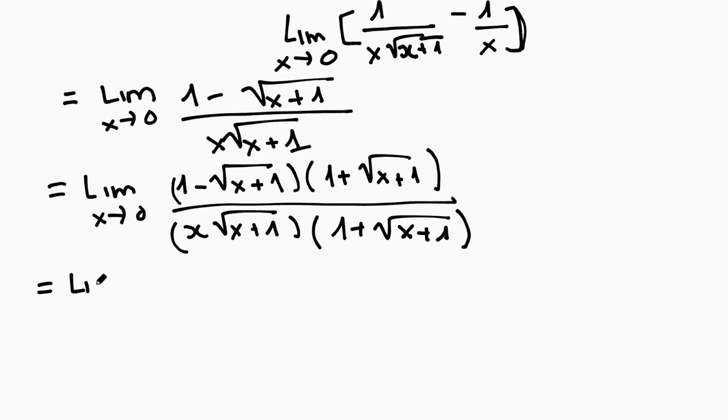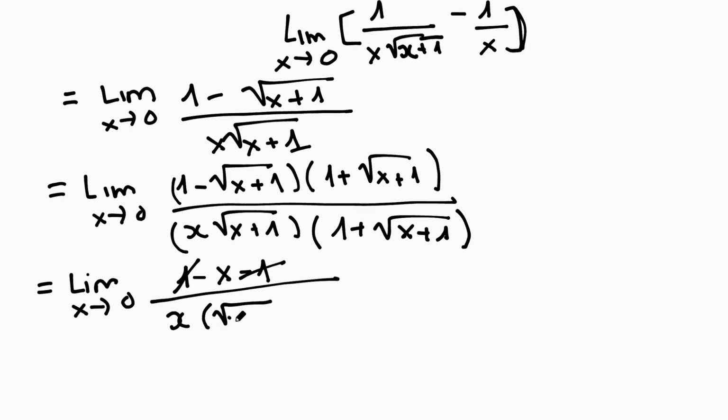I'll just use the difference of squares formula in backward for the numerator. It's going to be 1 minus x minus 1, and it's just going to be negative x over x times square root of x plus 1 times 1 plus square root of x plus 1.